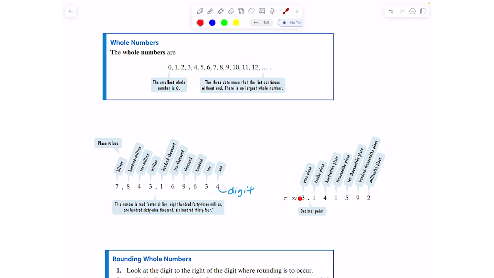If you take a number that has a decimal point, like pi, we know the approximate calculation for pi is 3.14, right? That's what we're used to. But it goes on forever. It's an irrational number. It's non-terminating and it's non-repeating. So an even better approximation for pi is 3.141592. And you have this decimal point here. So this number here is the equivalent of the 4 in this number, okay?